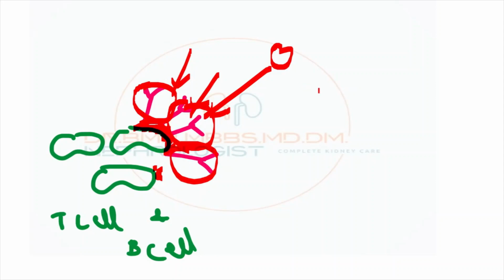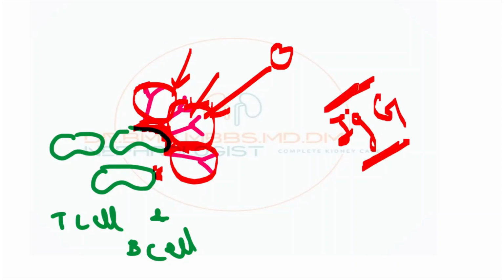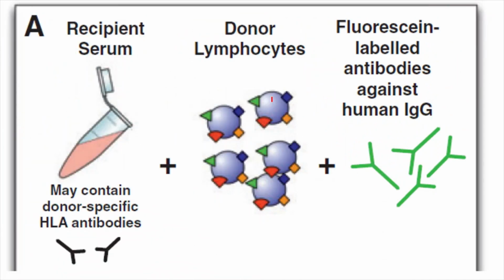As I told in the first video, for transplant rejections, IgG is the most important antibody. So we are going to use a colorful fluorescent antibody which will go and attach to the IgG if there is a reaction. This is better depicted here.